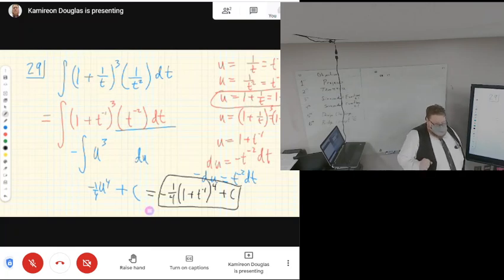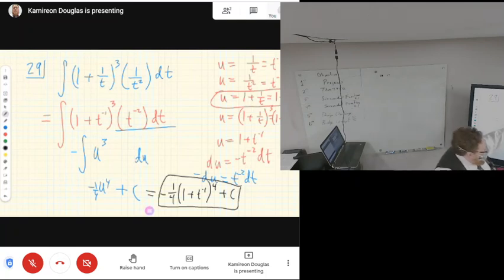Any chance you get, always look to find a U that gets rid of the most things while still having a derivative in the problem. Again, it needs to get rid of as much as possible while still having a derivative in the problem. So while this first one does work, this one has a bigger piece it's getting rid of, so it's better.